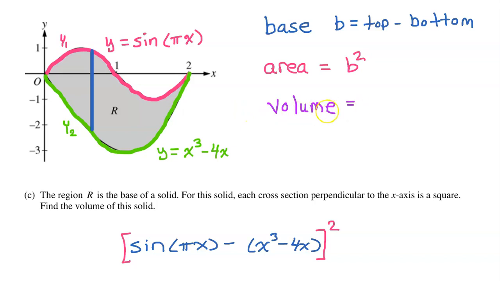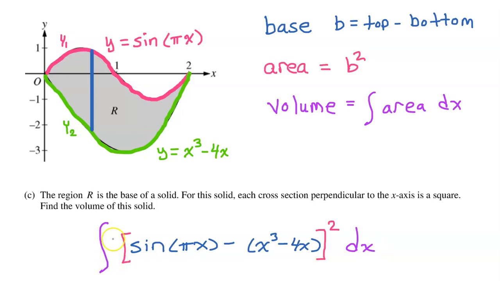The last step is to find an expression for the volume of the solid by integrating the area. When you integrate the area, you are adding up all of the slices from left to right. And when you add up all of the slices, you get volume. So this right now is an expression for the area. We can turn it into an expression for volume by integrating.